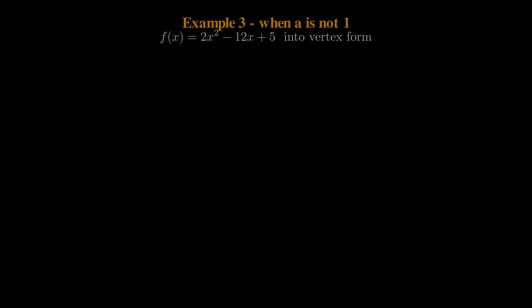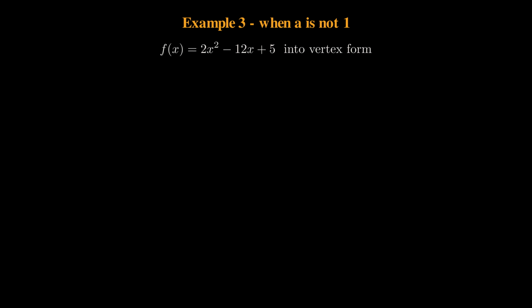Example 3 adds the one wrinkle students trip on: a leading coefficient that isn't 1. f of x equals 2x squared minus 12x plus 5. The golden rule, and please don't skip it, is to factor the a out of the x terms first, before you complete the square.